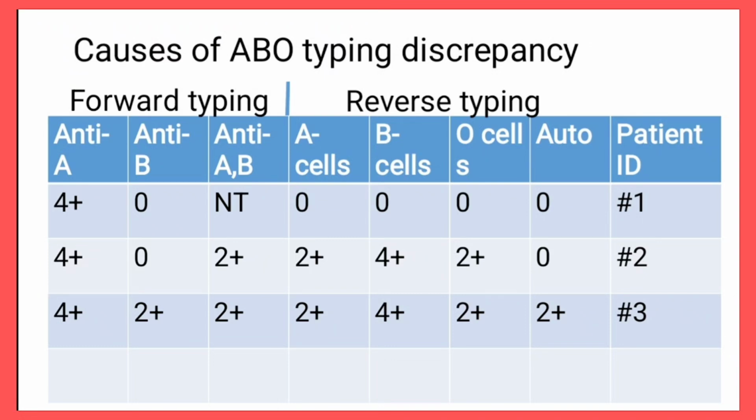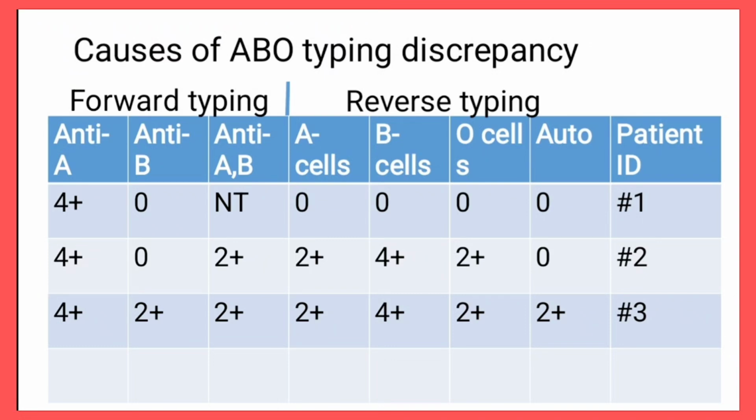So let's look at patient number 2. From this patient 2, the forward group showed a strong positive on anti-A. I had already explained this in my previous video. Because it is a strong positive on anti-A, that obviously shows us that this patient is A positive, okay?